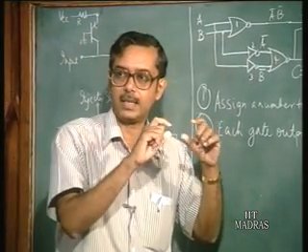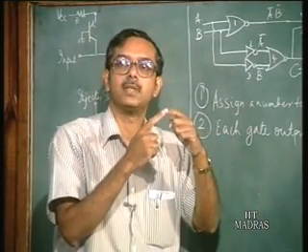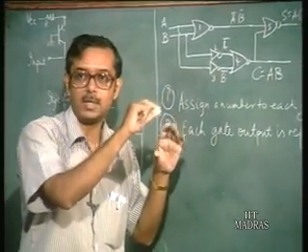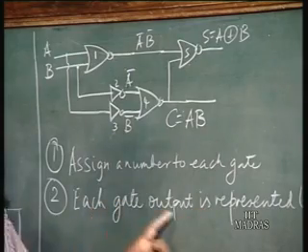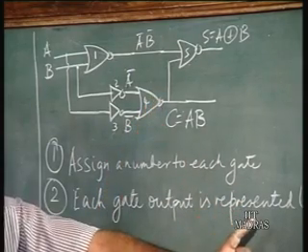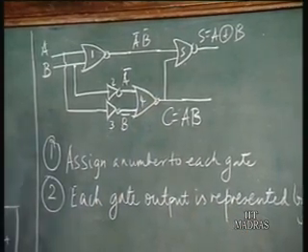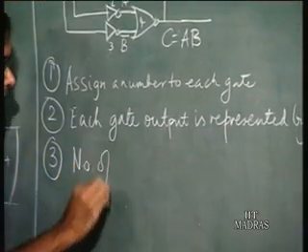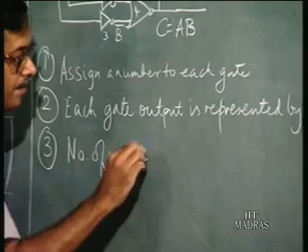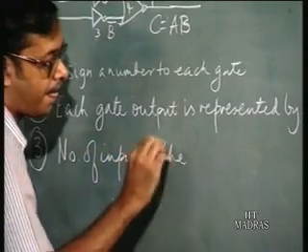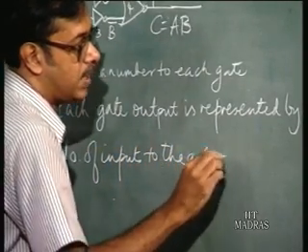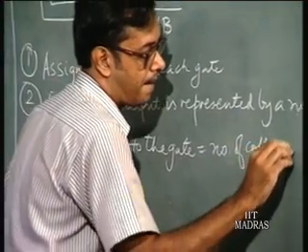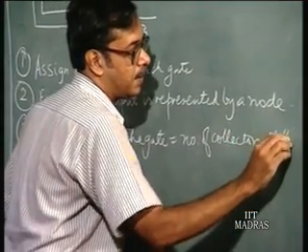Basically, the logic is being achieved by connecting the collectors of each individual cell. So, each gate output here is represented by a node in the actual circuit. Number 3, the number of inputs to the gate is equal to the number of collectors at the node.